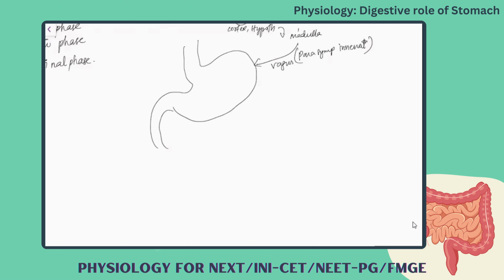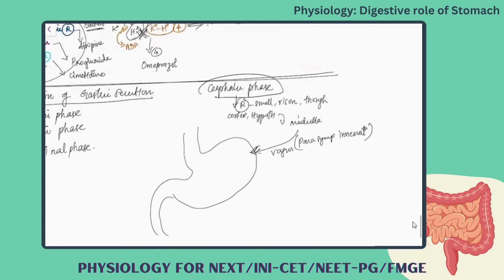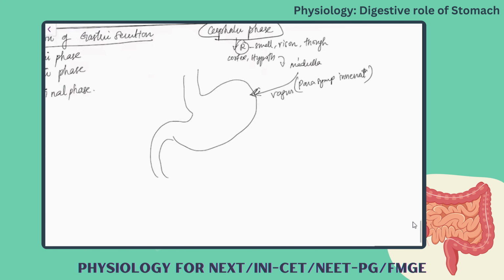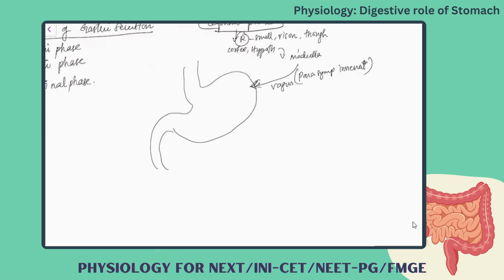The vagus nerve gets the input from the parasympathetic innervation and gives the stimulus to the stomach to increase the secretion. This is how the cephalic phase gives gastric secretion, but its concentration is very minimal. And now coming to the gastric phase.